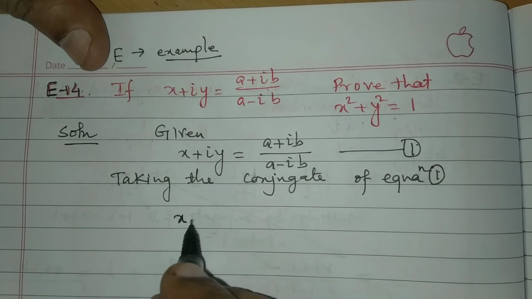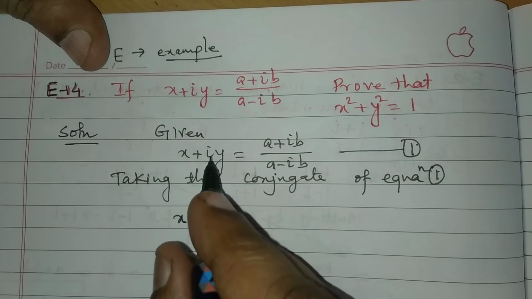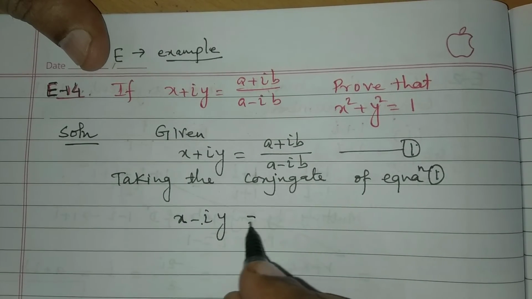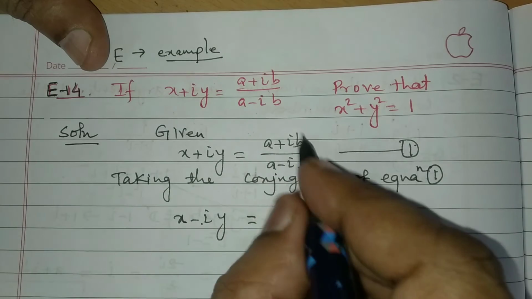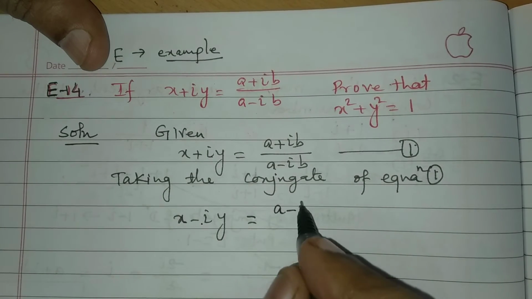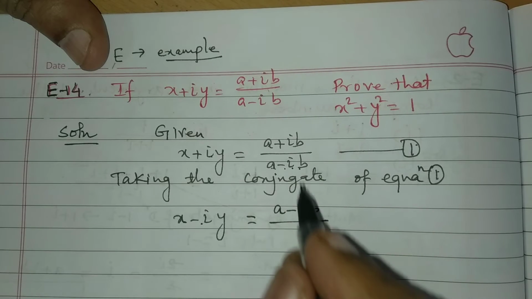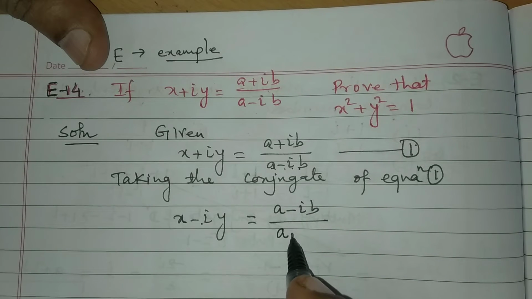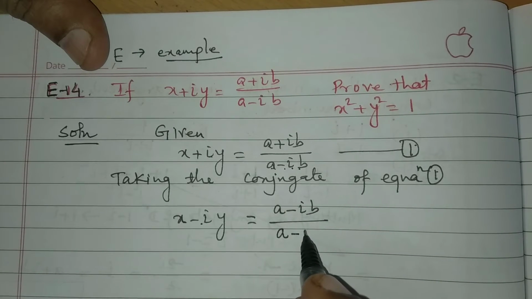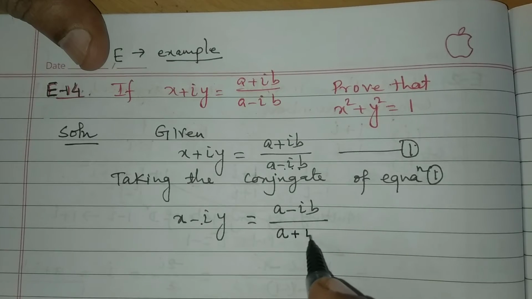So here x minus iy is the conjugate of this, and the conjugate of a plus ib is a minus ib, and the conjugate of a minus ib will be a plus ib.